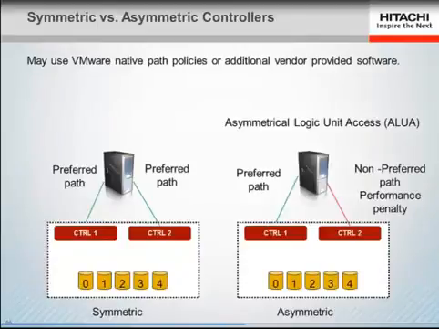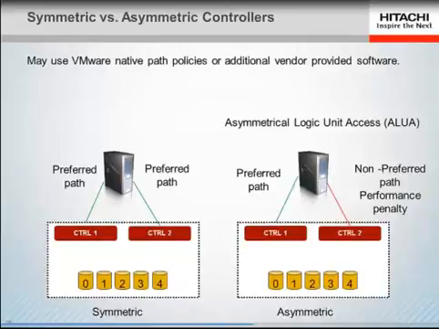In addition, there's the concept of symmetric versus asymmetric controllers. We may use the VMware native path policies or additional vendor-provided software, such as Hitachi Dynamic Link Manager or other pieces of software provided by your storage vendor.